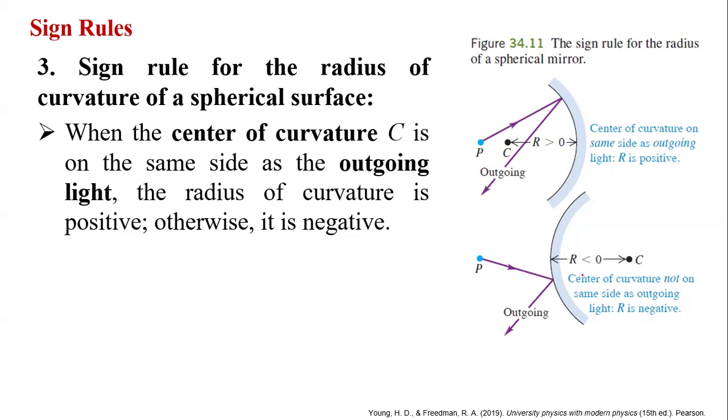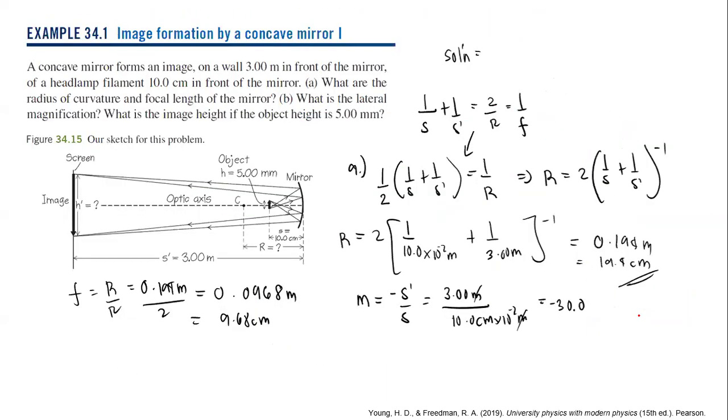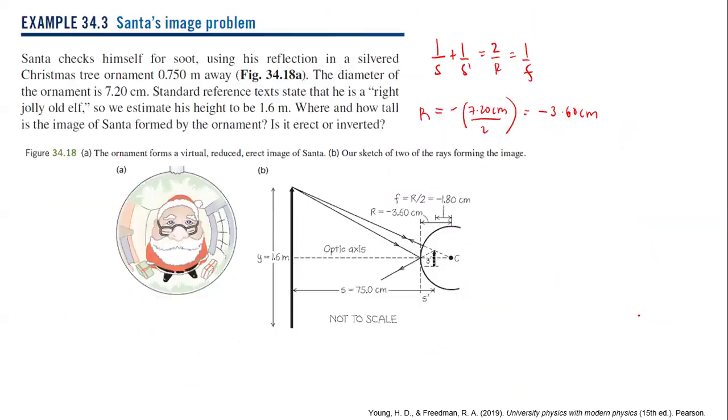So in the convex case, the center of the curvature is not on the same side as the outgoing light, therefore the radius is negative.